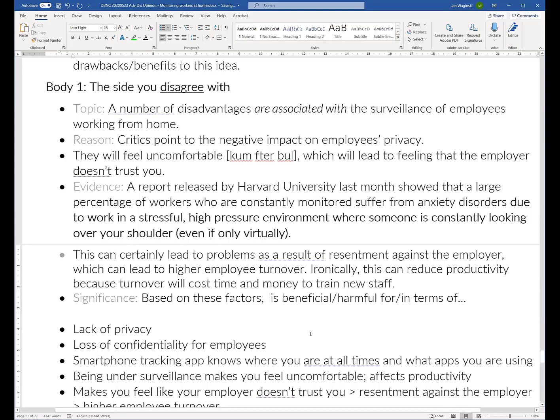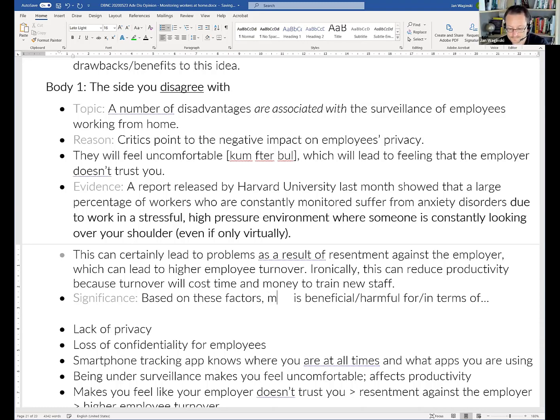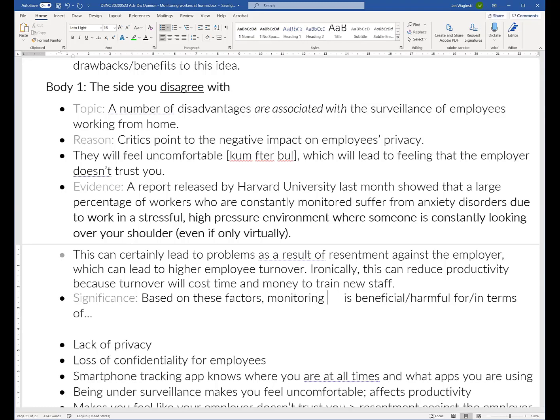Okay, based on these factors, the drawbacks are harmful. Monitoring is harmful for both companies and employees.